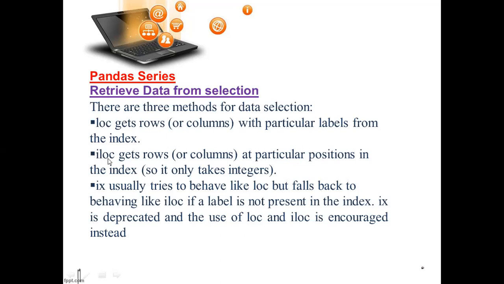And iloc gets the row or column at a particular position, so it only takes integer values. And ix usually tries to behave like loc but falls back to behaving like iloc if the label is not present in the index.